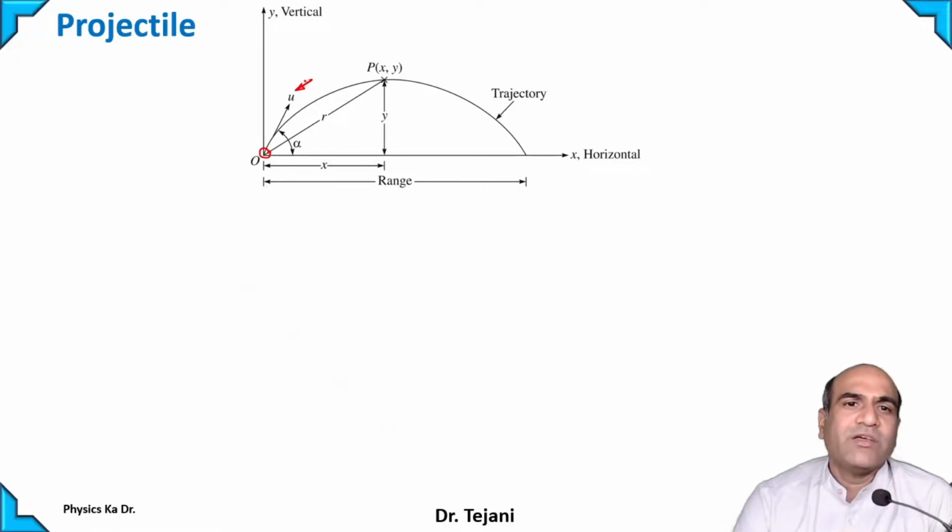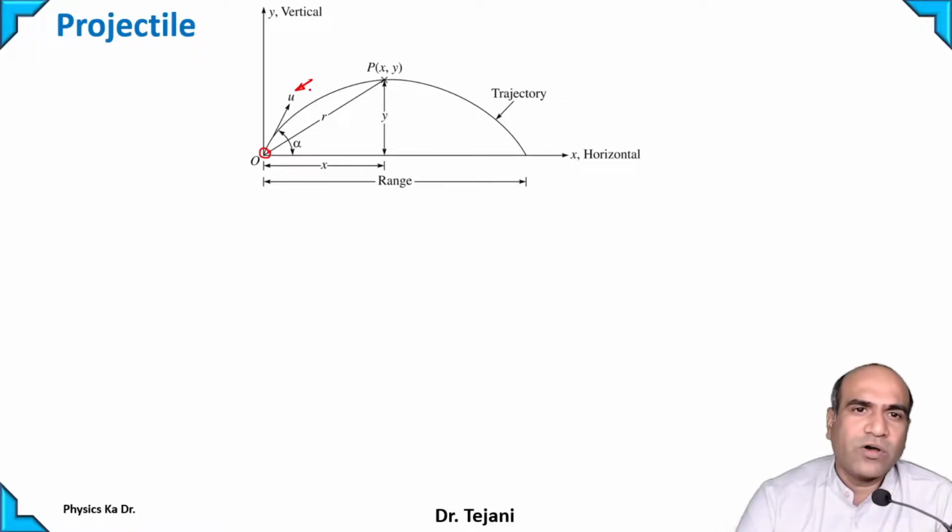We use small u for initial velocity, at some angle theta with the horizontal axis. The object takes a path, which we call a trajectory, and the object is known as a projectile.